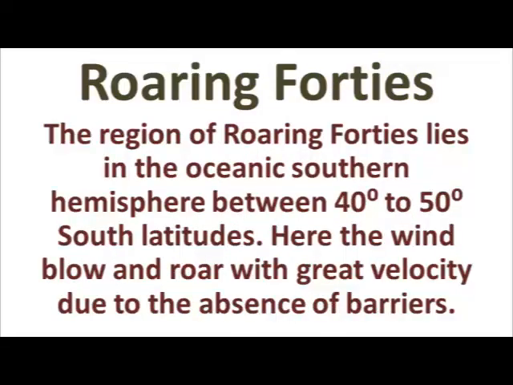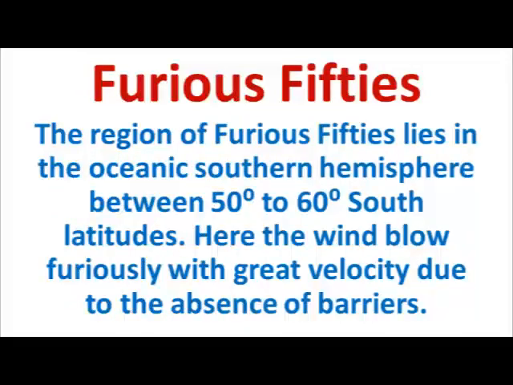Roaring Forties. The region of Roaring Forties lies in the oceanic southern hemisphere between 40° to 50° south latitudes. Here the wind blows and roars with great velocity due to the absence of barriers. Furious Fifties. The region of Furious Fifties lies in the oceanic southern hemisphere between 50° to 60° south latitudes.